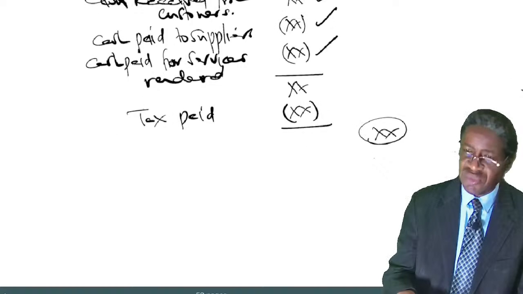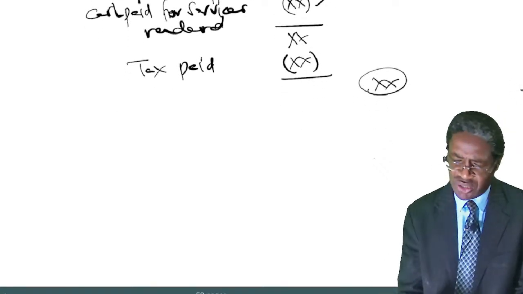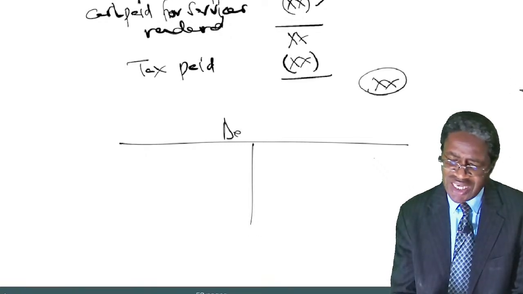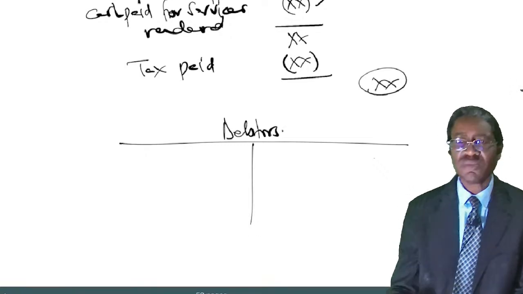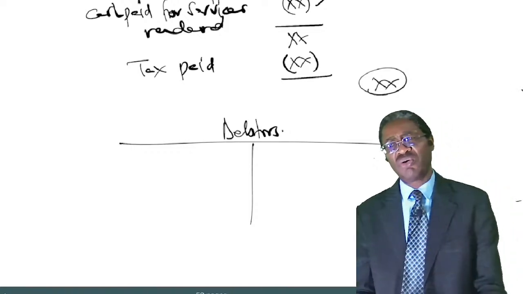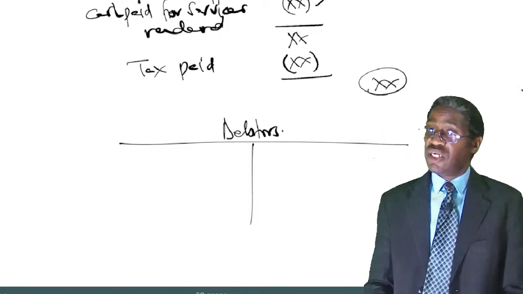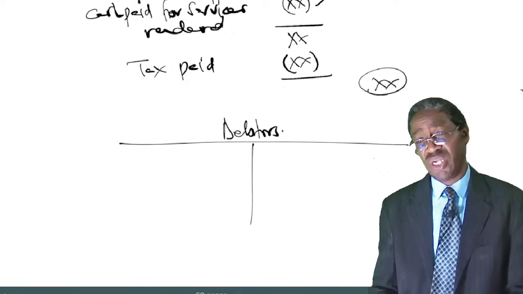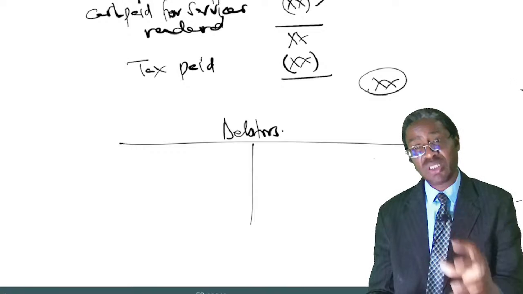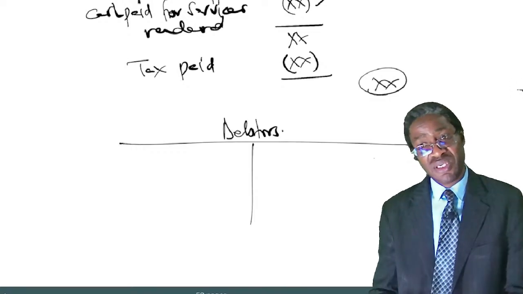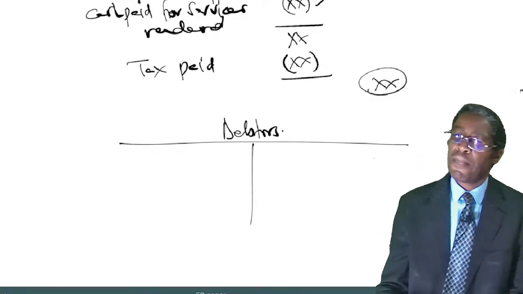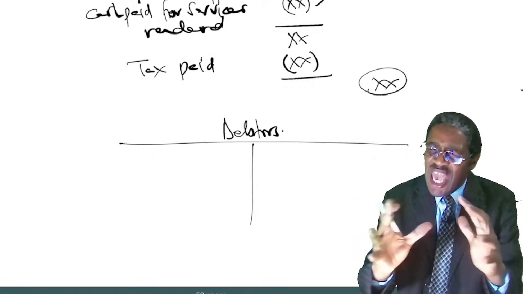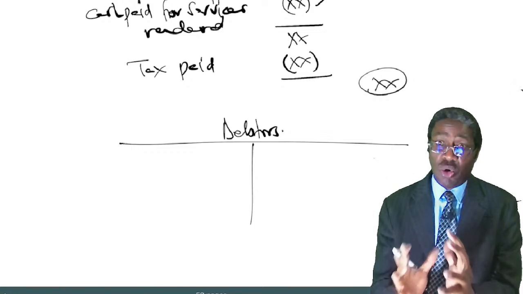Now listen, to determine the cash received from customers, we shall be preparing a debtors account. This is where you will be required to apply your knowledge of control accounts. From your knowledge of control accounts, you will feed in everything concerning debtors.